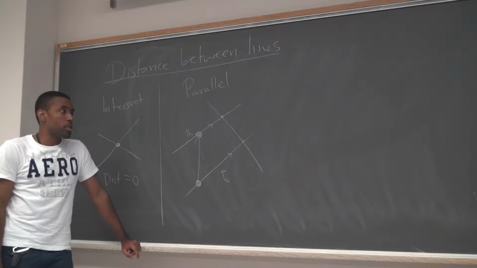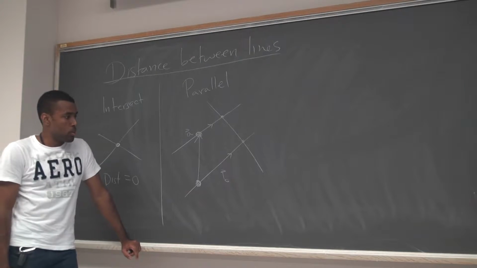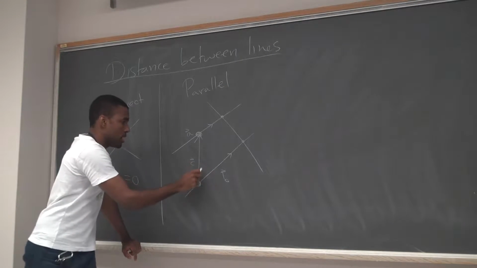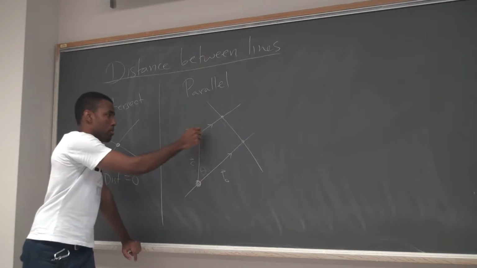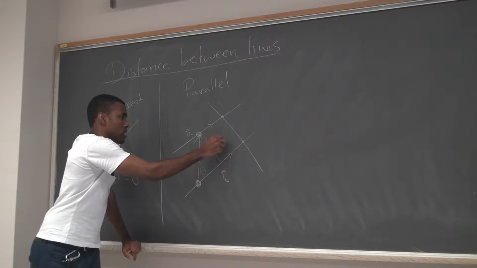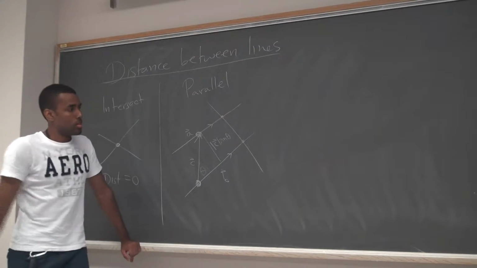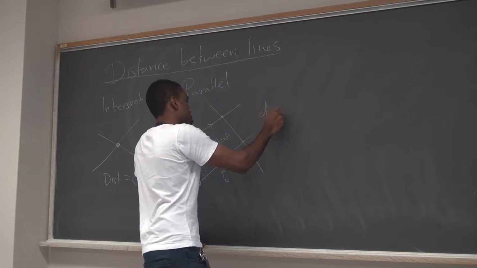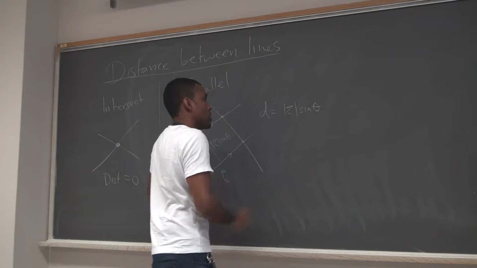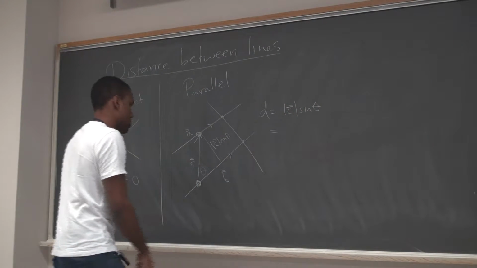It's pretty much the same method as finding the distance between a point and a line. Basically what you do is you create another vector C and you pretend, what if I knew this angle between them? Then the magnitude of this would be the magnitude of C sine theta. So your distance is going to be C sine theta, which we can write as.